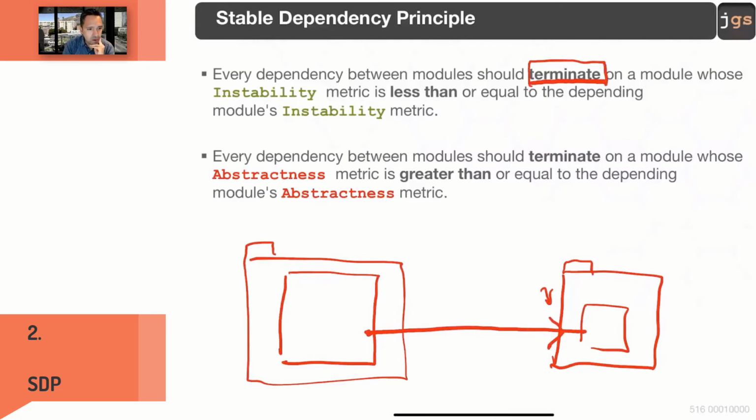And if you calculate instability for this one, and instability for this one, you have the numbers for the two packages. Always, always, always, a good connection is going to be a connection in which the one in which you finish, the instability is lower.